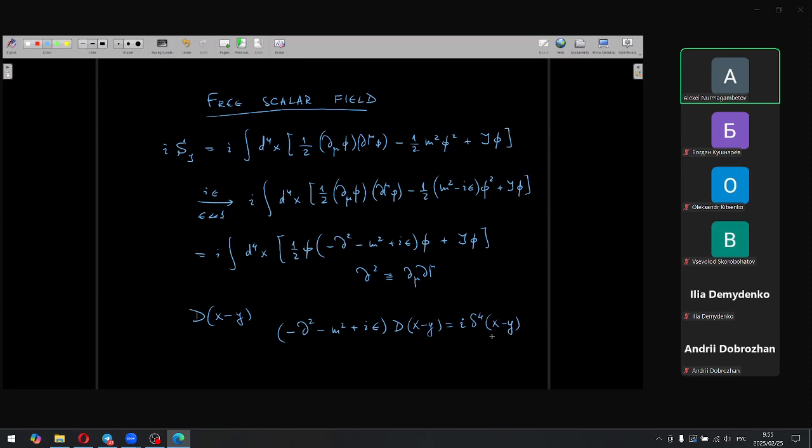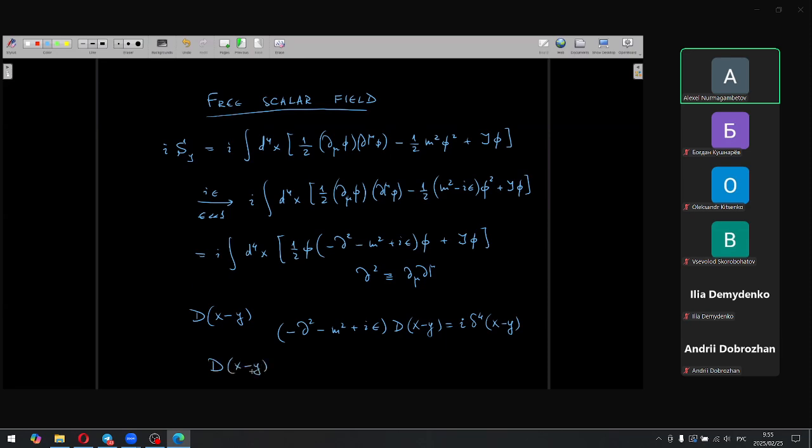And it's clear that this function D depending on the difference between points x and y is nothing but the Feynman propagator of the scalar field.